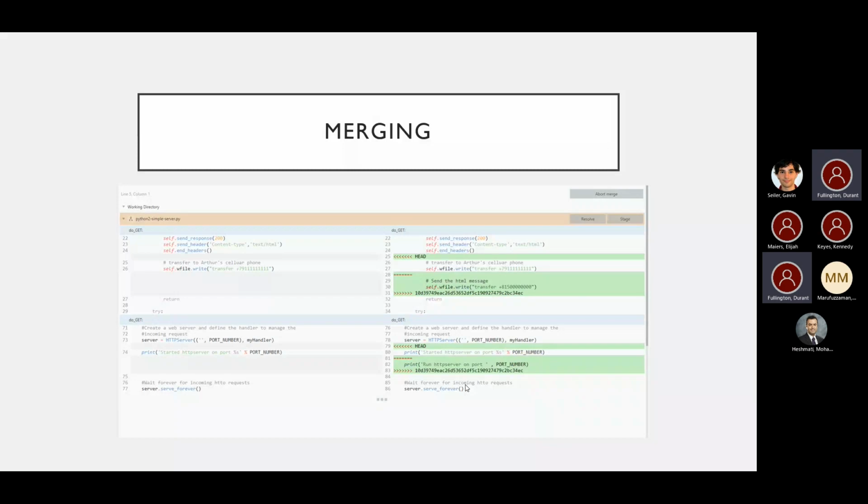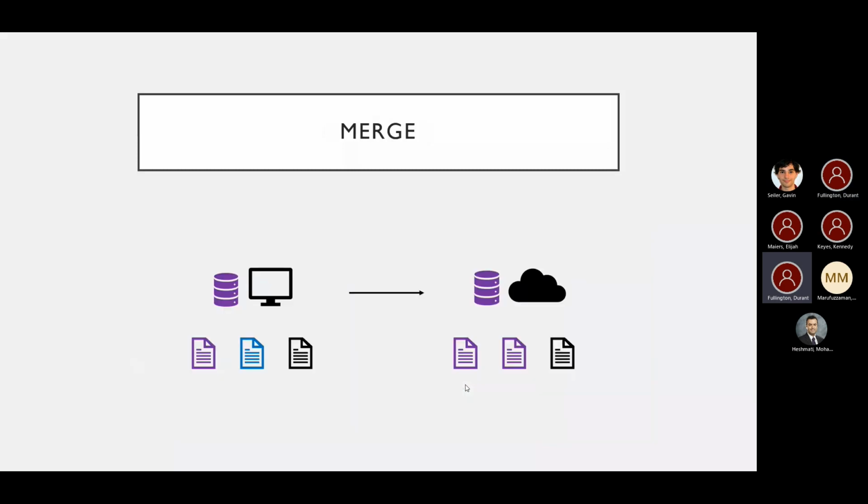You can see exactly what's changed, and you can actually choose which changes you want to keep, and which ones you feel were unnecessary or get in the way of what you're adding, and just delete those. So once you've done that, you can merge it back in with the remote repository.